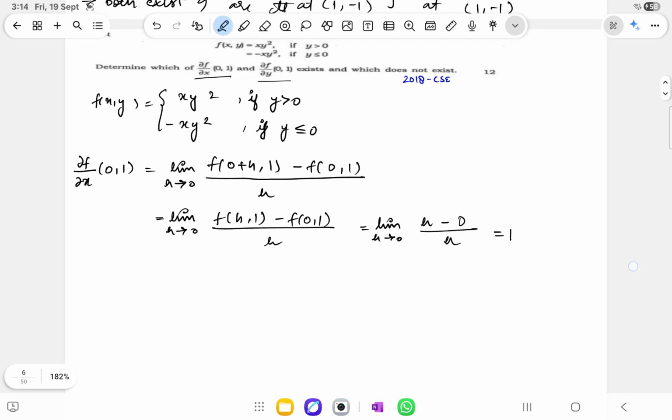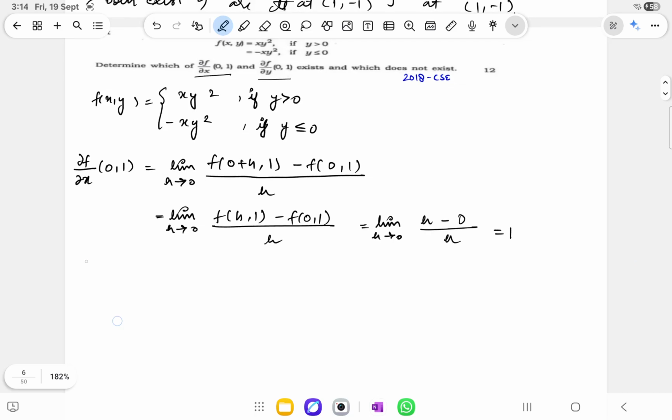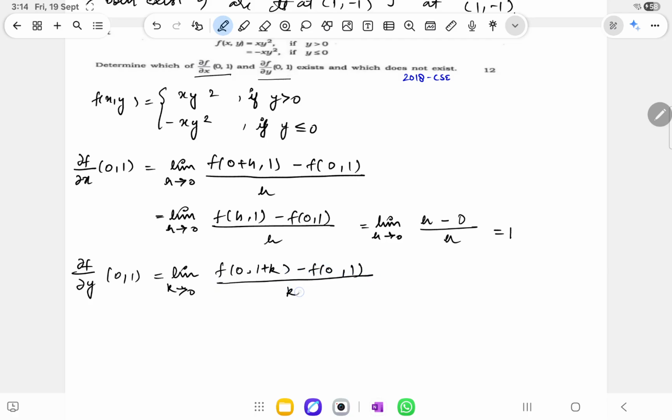Likewise, if we find del f by del y at (0, 1), it will be limit k approaching 0 of f(0, 1 plus k) minus f(0, 1) divided by k.